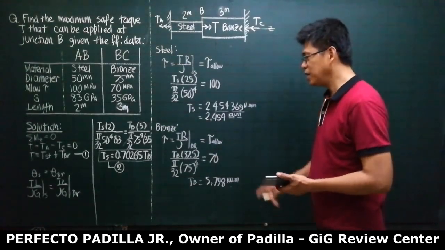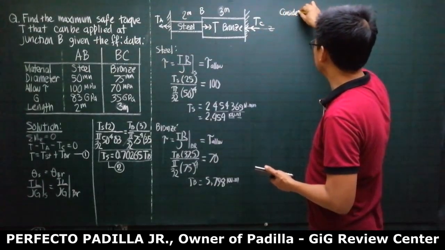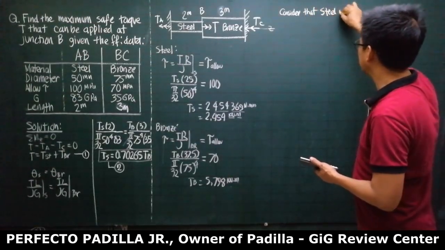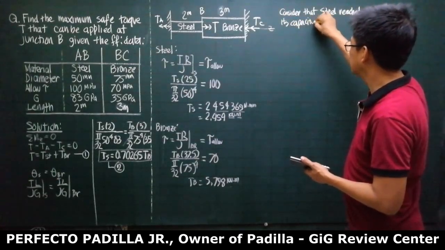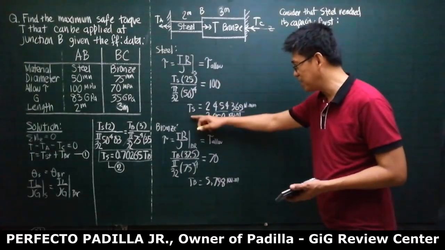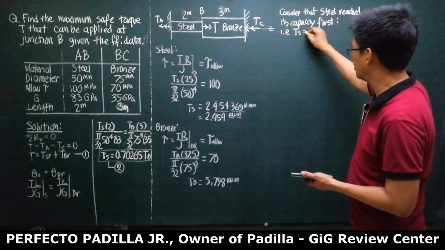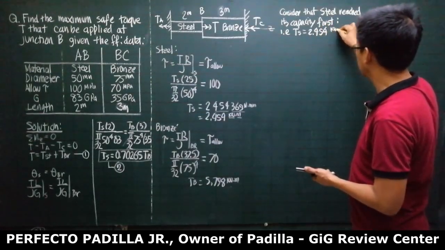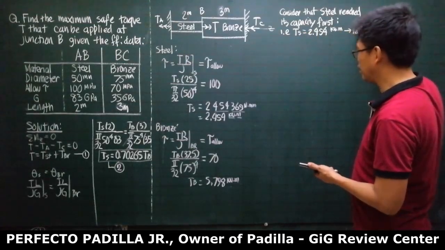So if I consider that steel reaches its capacity first, meaning TS is equal to 2.454 kilonewton meter, substitute this to equation 2.